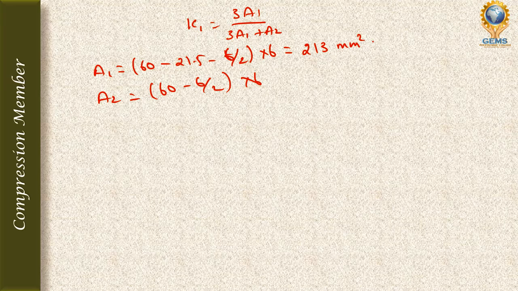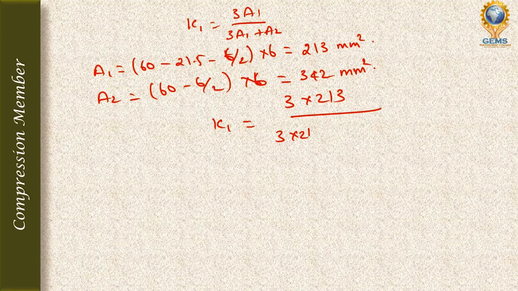It will give 342 mm square. So K1 is equal to 3 times 213 by 3 times 213 plus 342. So our K1 value is 0.65.